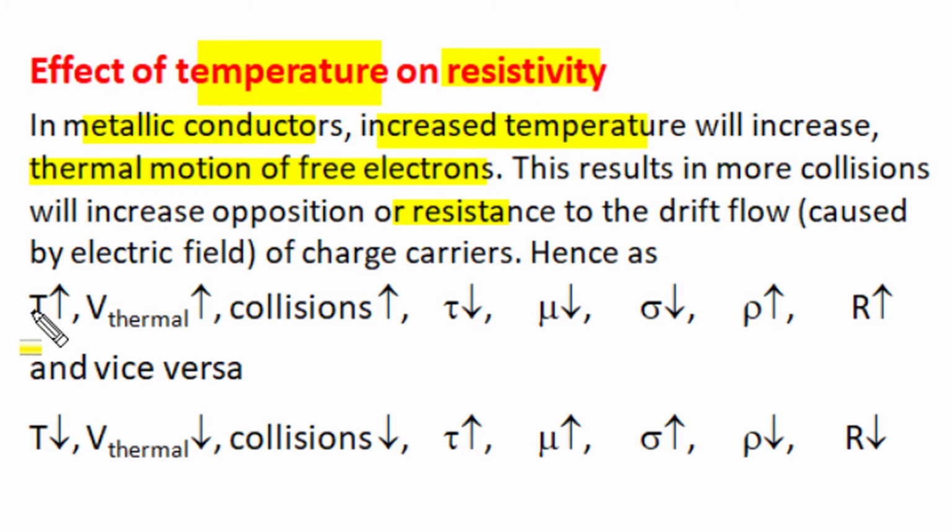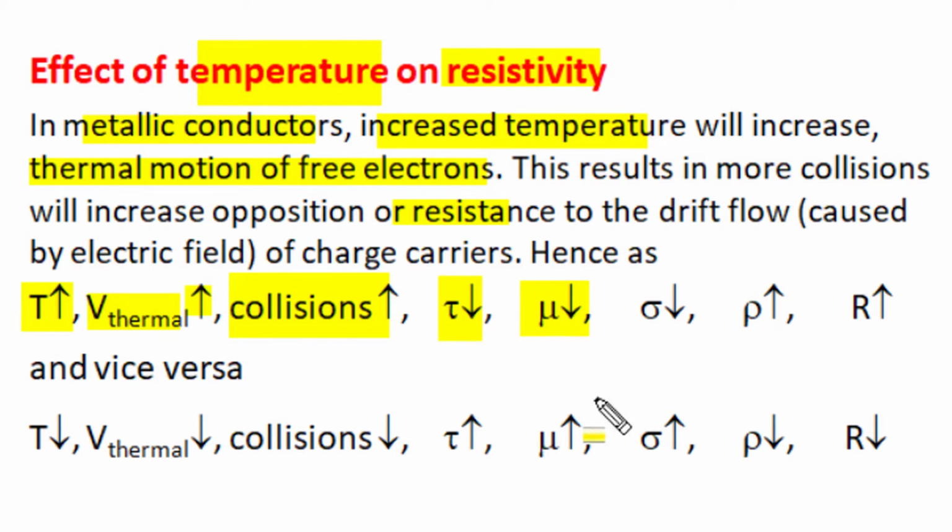We can understand that when we increase temperature, the thermal velocity of free electrons increases, that increases the number of collisions, and when the time available for acceleration before collision reduces, this will reduce drift velocity of electrons, and that is represented as a decrease of mobility.